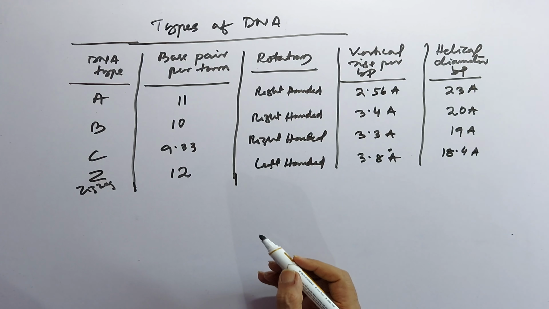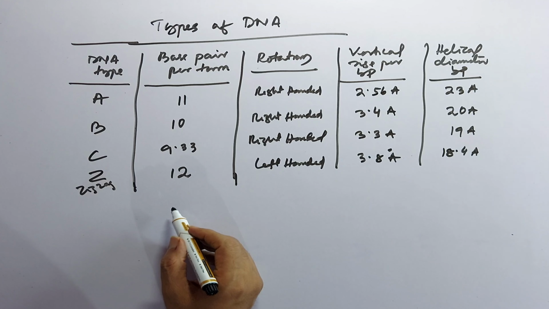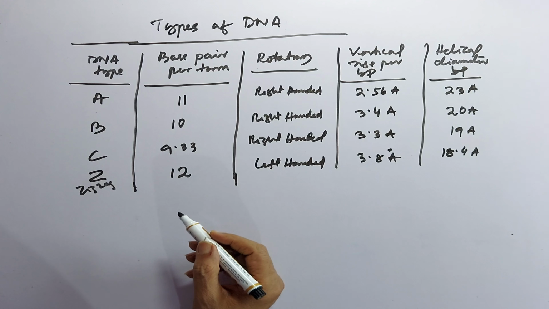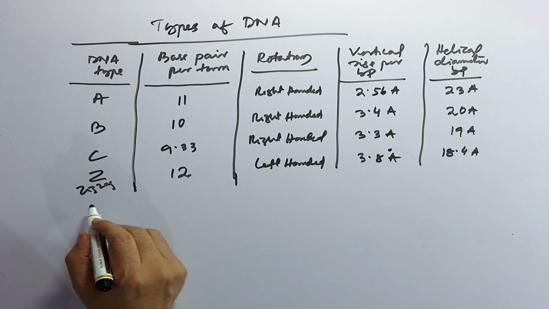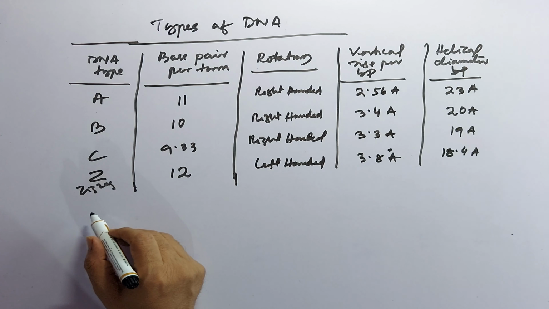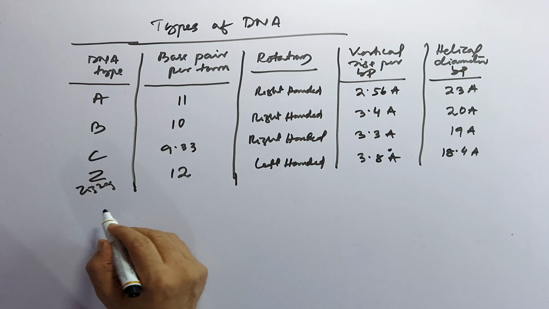So these are the types of DNA, and we can also discuss other factors or other types of DNA, other names in different situations.